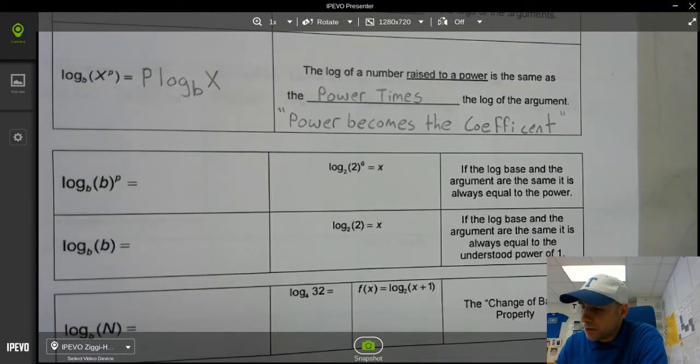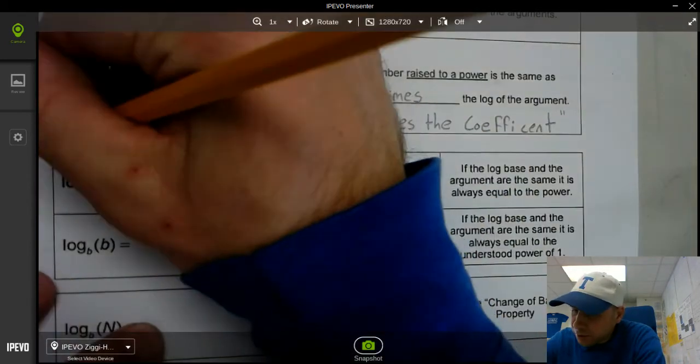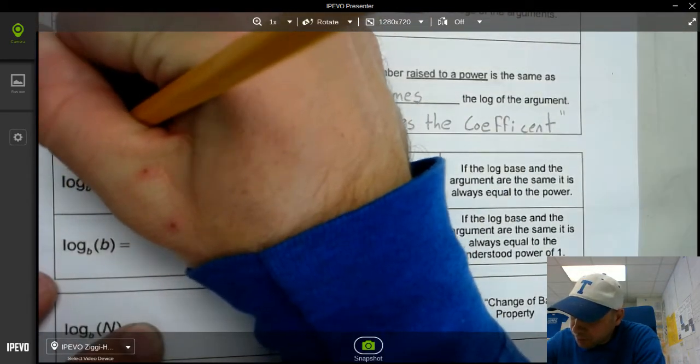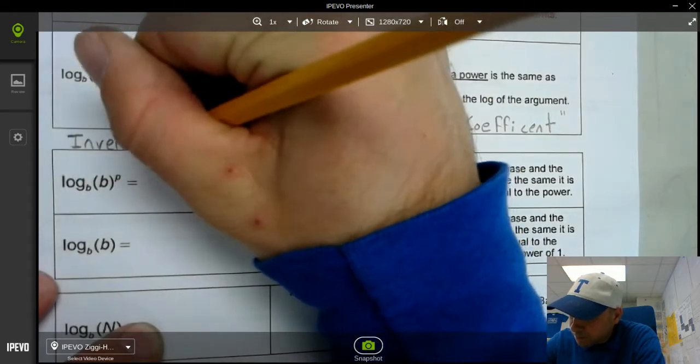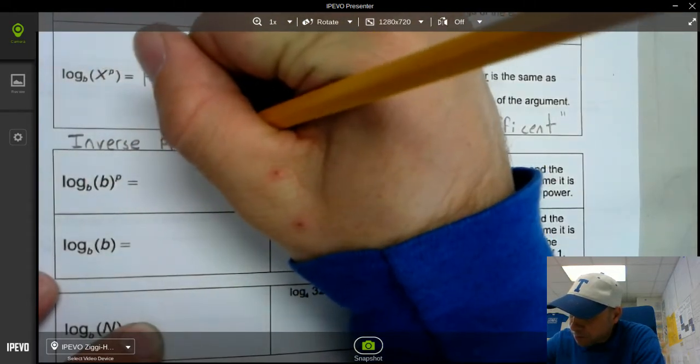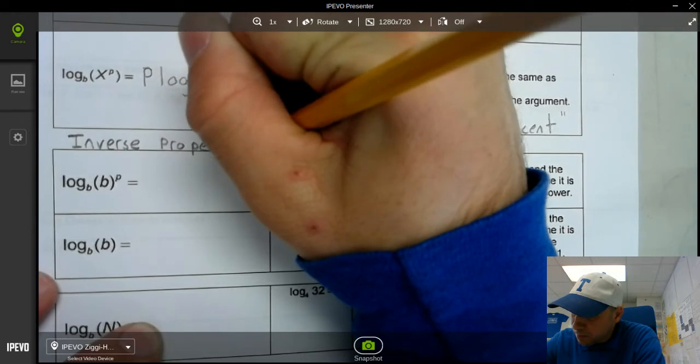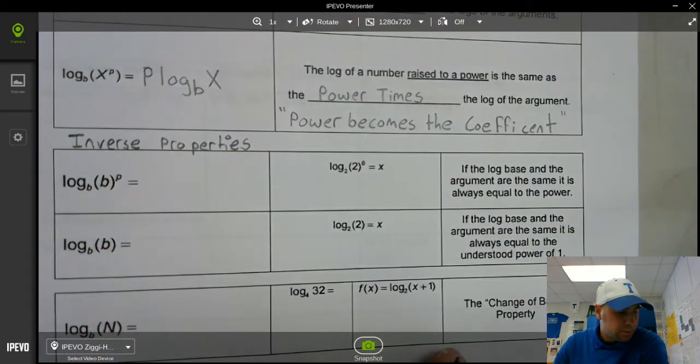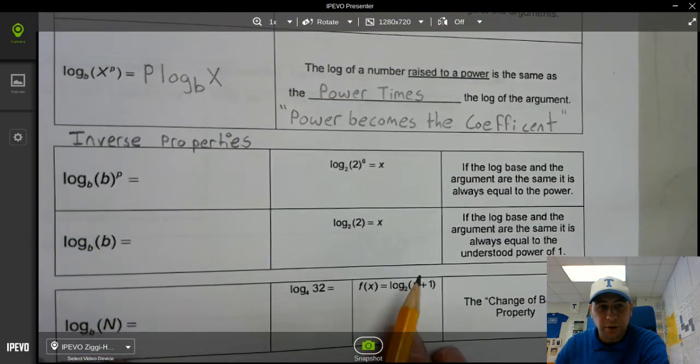All right, next, log B of B to the p power. And before, actually, let me roll back a little bit. These are the inverse properties. Okay, so we can really kind of start here.